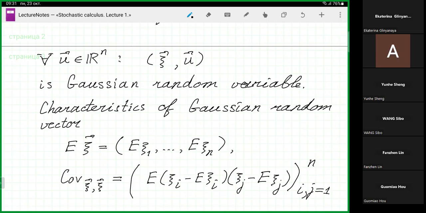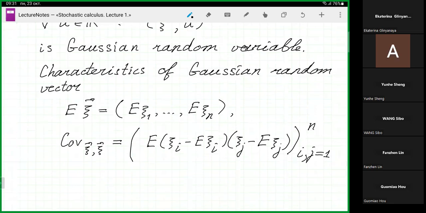It occurs that these two objects substitute for us the mean and variance in the description of the Gaussian distribution in the multidimensional case. Namely, let us calculate the characteristic function of our random vector.